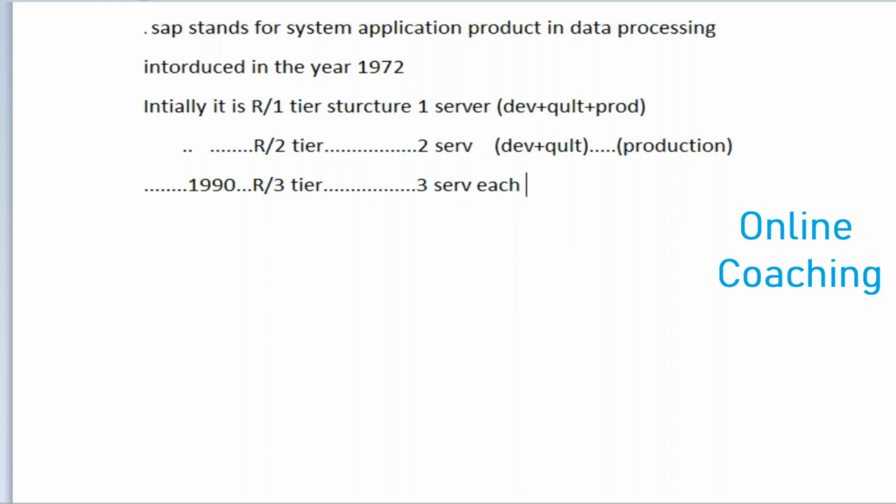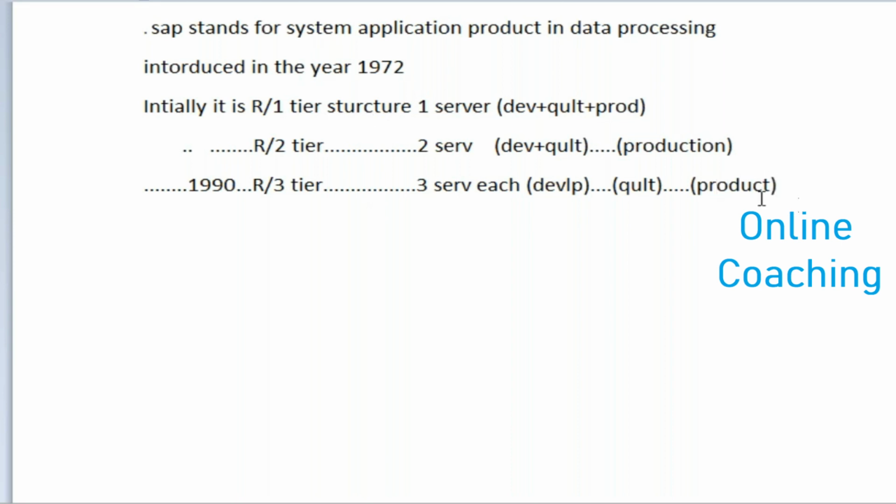Here they divided it as development one, quality one, and production separate. They did each separately. Why it is so, we will work out now. This is what we follow in a real time scenario.